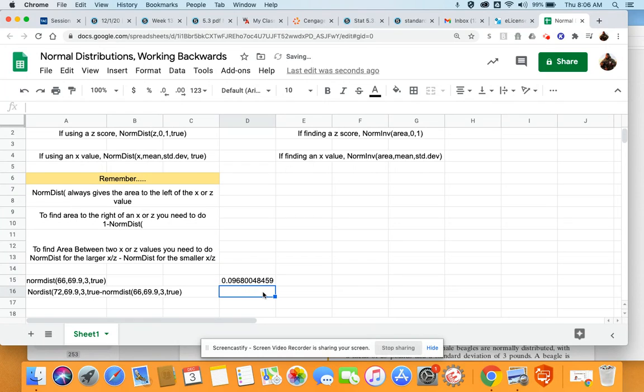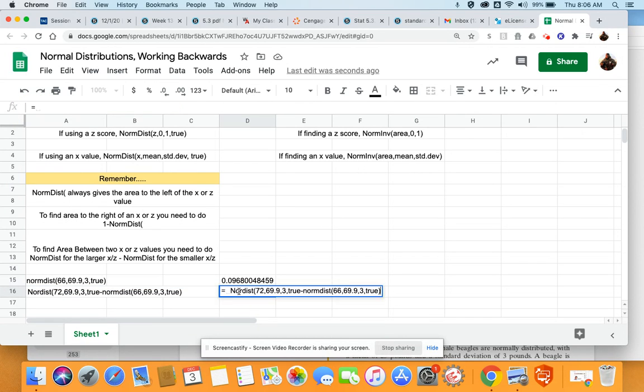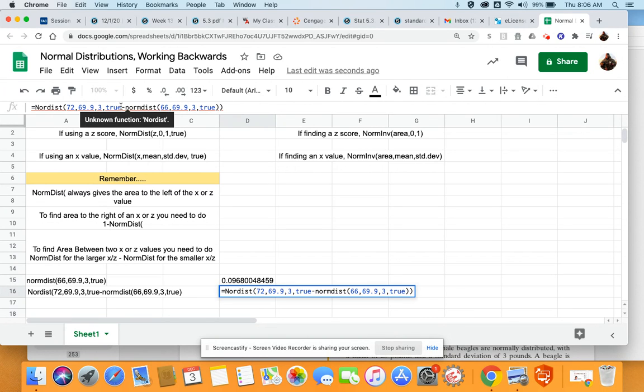I'll try it again. I was trying to avoid typing it all out. We're going to go up here and copy this. Down here, equals, and put it in. It still doesn't like what we did because we never closed the parentheses on the end of this one.